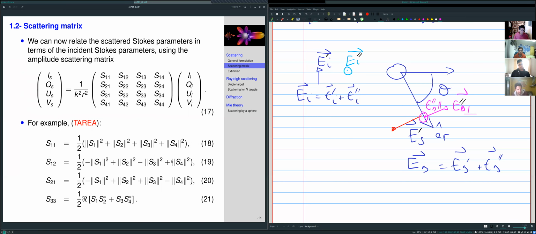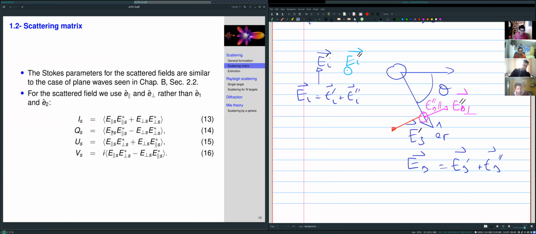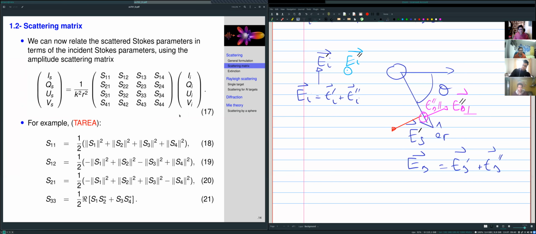When you do this, you can plug this in here, and you'll be able to write down Q_S in terms of the incident fields, and then identify the Stokes parameters in the incident field.